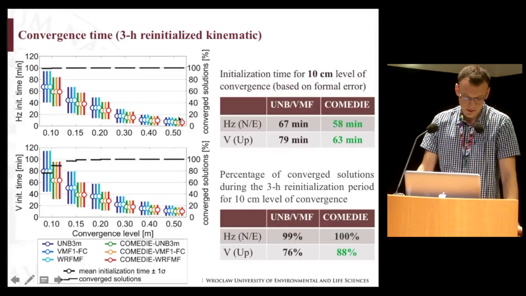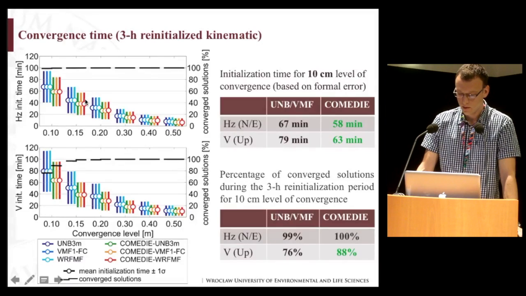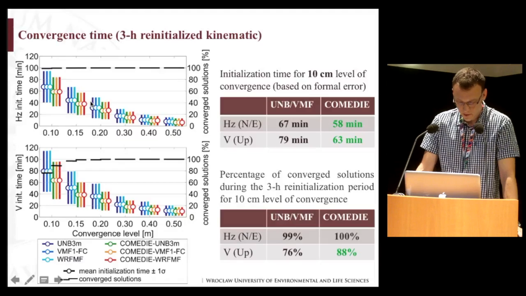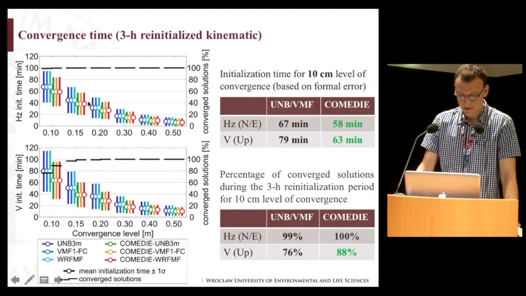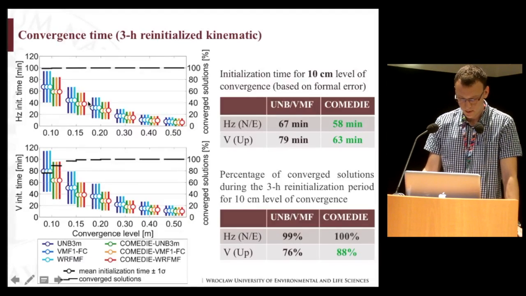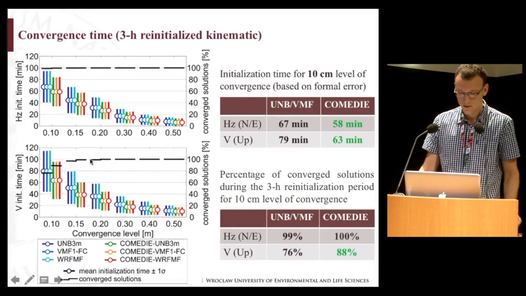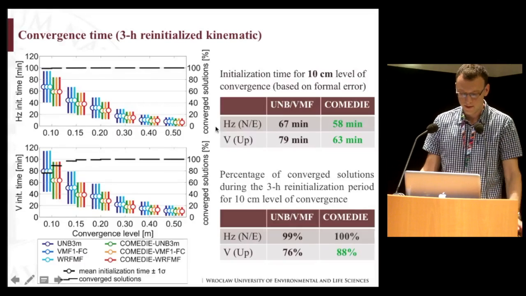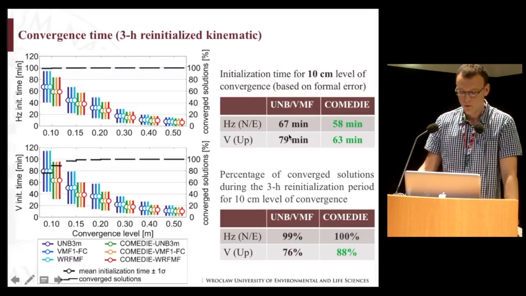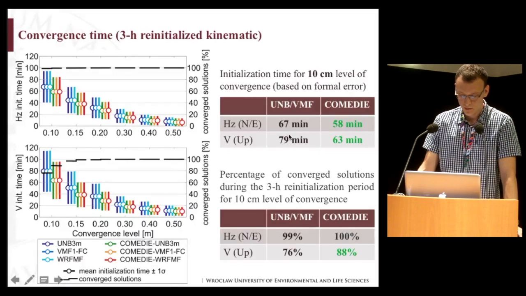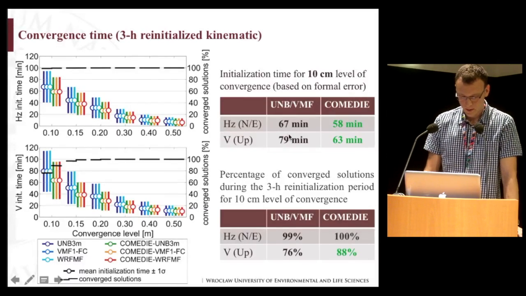And I think it is clear that constraining ZTD estimates with the numerical weather prediction based model resulted in shorter convergence time, and for the 10 centimeter level, the improvement is more or less 13% in horizontal component and 25% in vertical component. Moreover, for these fixed 3-hour periods, we get more solutions that converge at all.